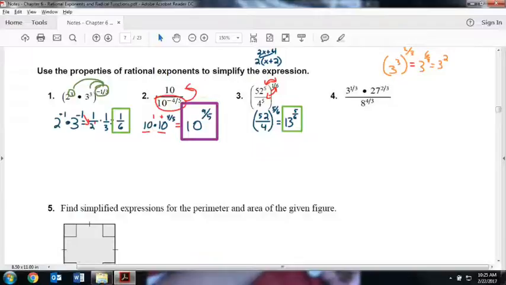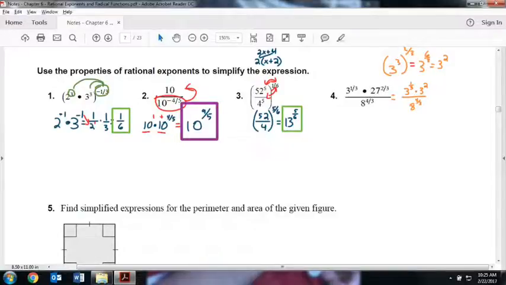So I'm going to go ahead and write that as 3 to the 1/3 times 3 squared divided by 8 to the 4/3. Cool?